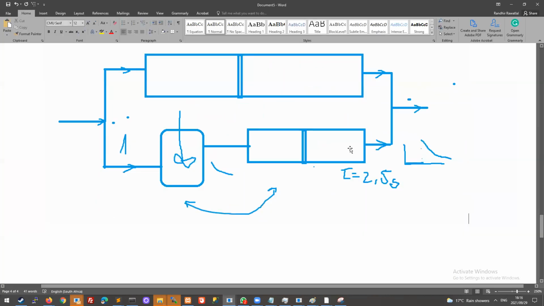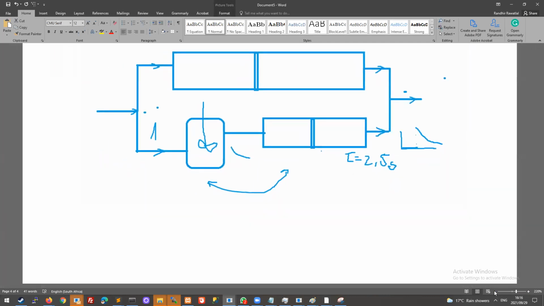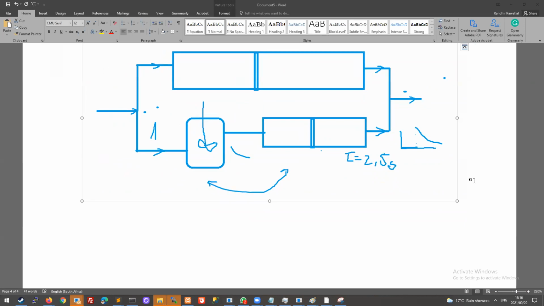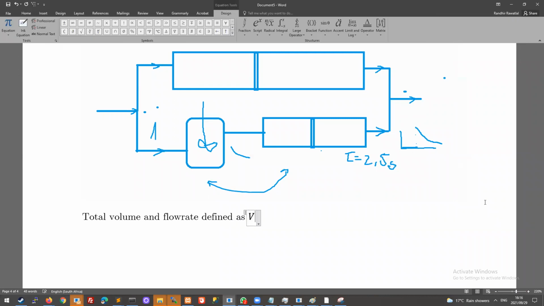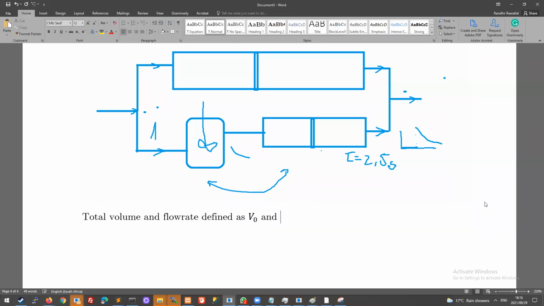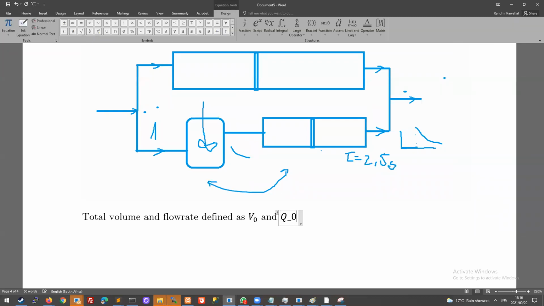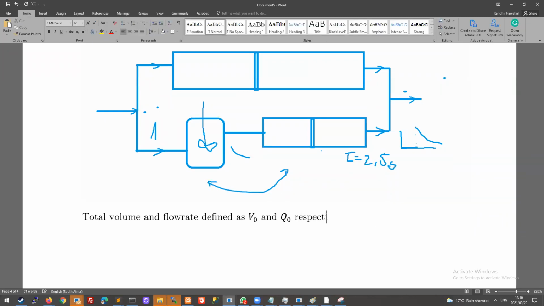So what we can first do is define for ourselves the total volume of the reactor. So total volume and flow rate defined as V naught and Q naught respectively.